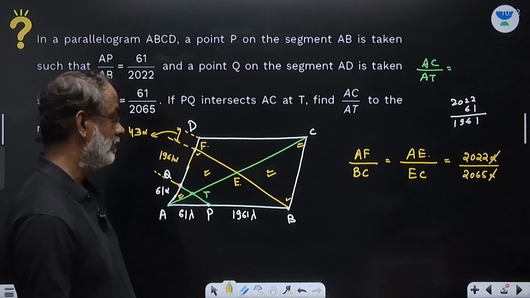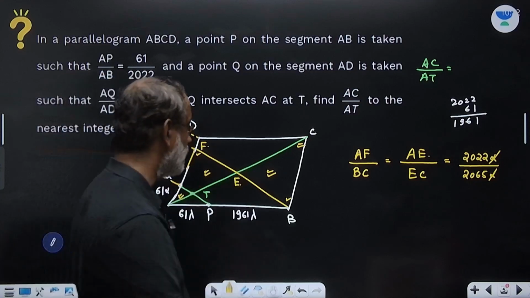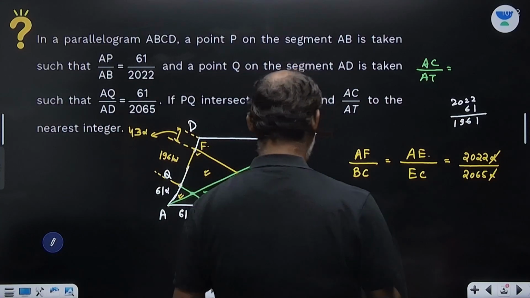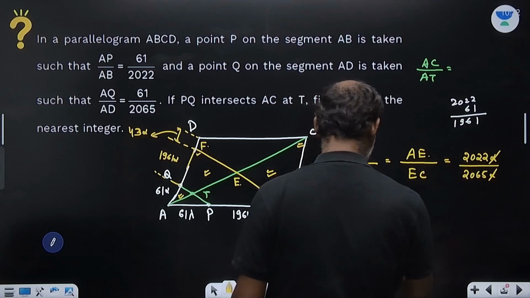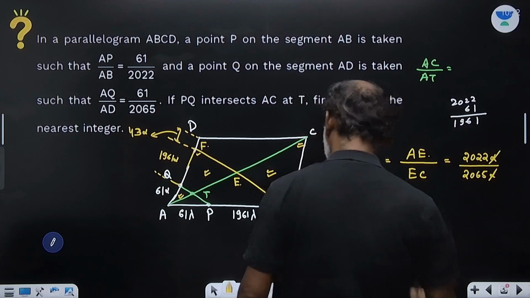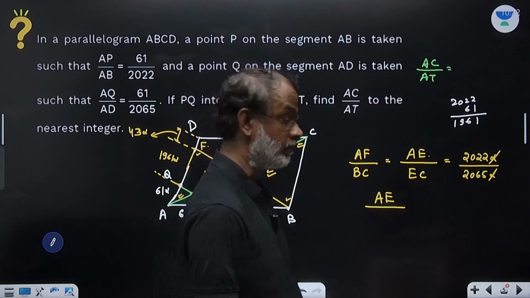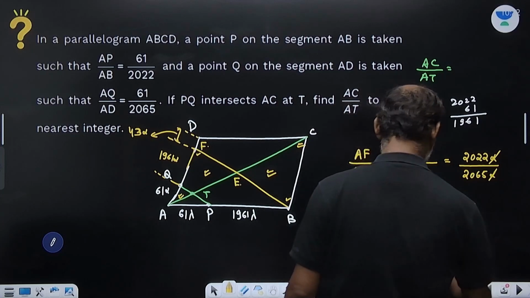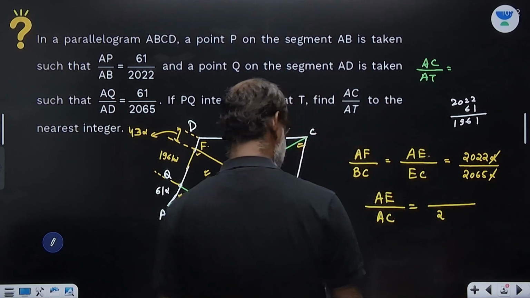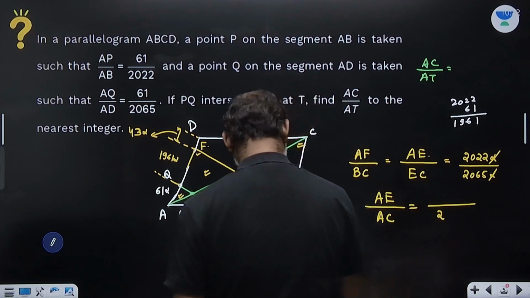So, AE upon EC, you can also see if you add 1 to both the sides, AE upon AE plus EC is nothing but AC, and this is AE upon EC.